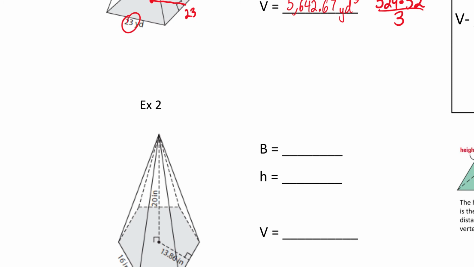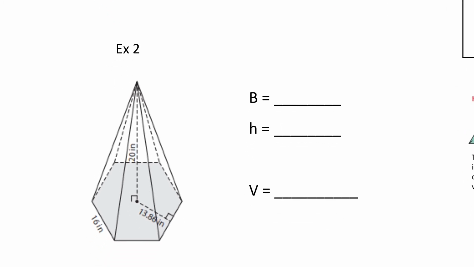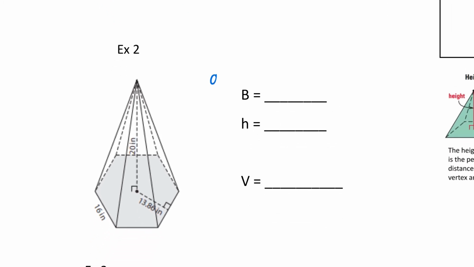All right, example 2, how are we going to find the area of the base on this one? Yep, apothem times perimeter divided by 2. So we're going to take the apothem, 13.86, times what's the perimeter of the base? 96, because it's 16 times 6, divided by 2. What does that give you?